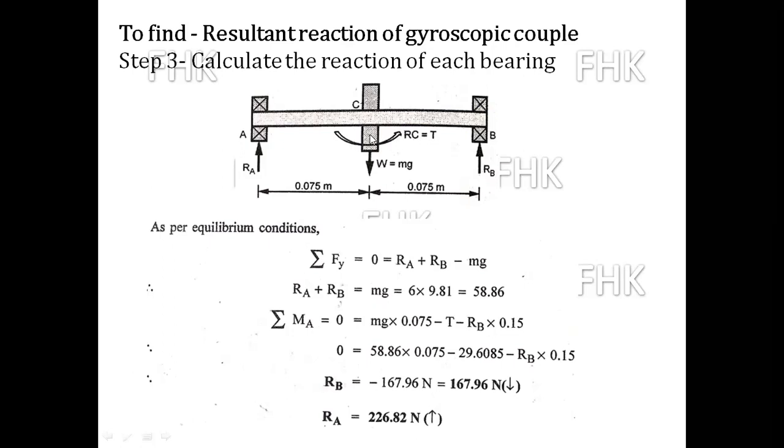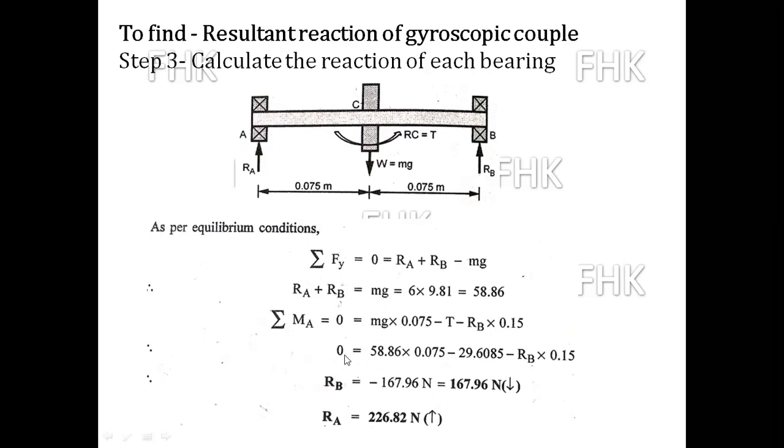So taking the moment of the reactive couple RC at point A, it is in the anticlockwise direction, so minus T. And again Rb into perpendicular distance is in the anticlockwise direction, so again it is minus Rb into the perpendicular distance. The perpendicular distance is 150 mm, which is 0.15 meter.